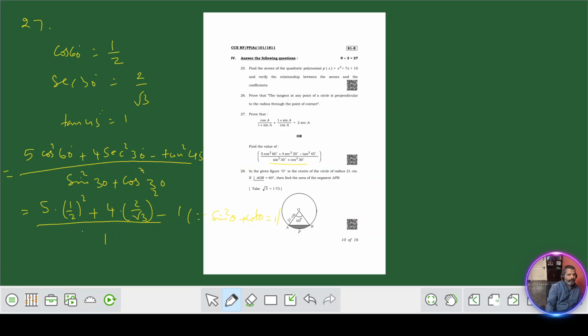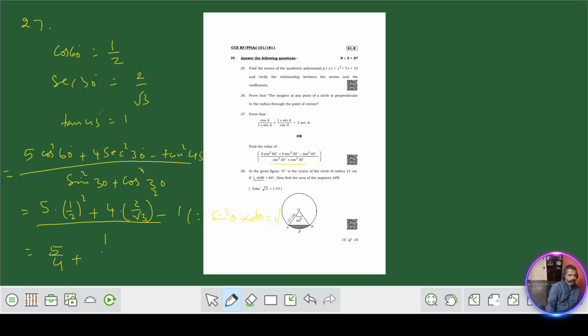So on simplifying the numerator part, what do we get? 5 by 4, because 1 by 2 whole square means 1 by 4, into 5 is 5 by 4, plus 4 into 2 by root 3 whole square. That is 2 square is 4, root 3 whole square is 3.